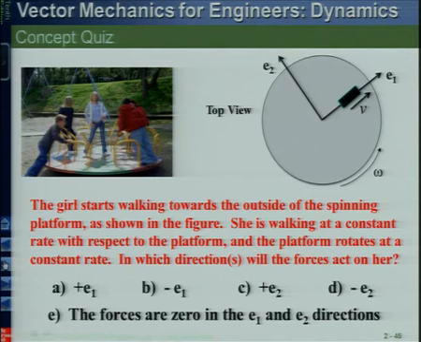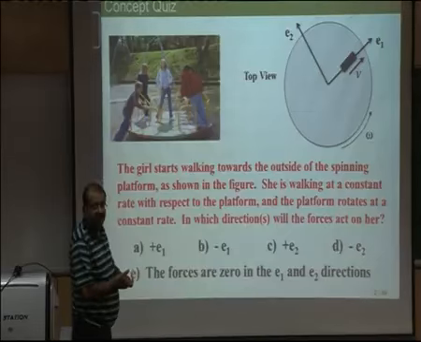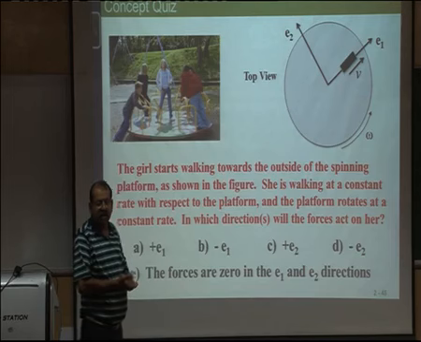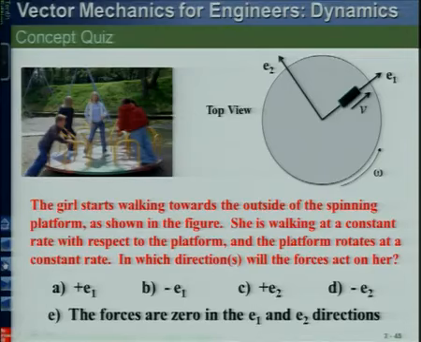So now we have to look at the e1 and e2 directions, e_r and e_theta. Now the question is, in which direction will the forces act among the e1 and e2 directions? So now force is what? F_r is equal to m times a_r.